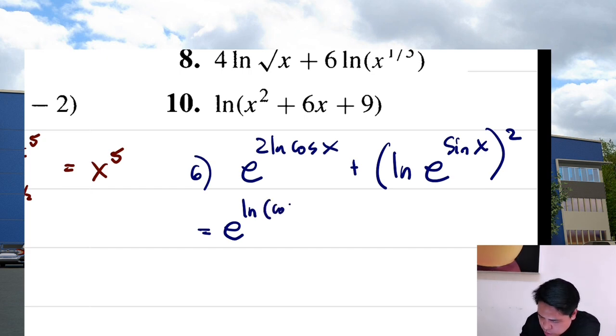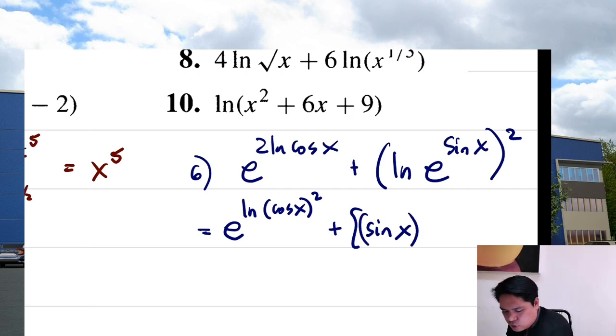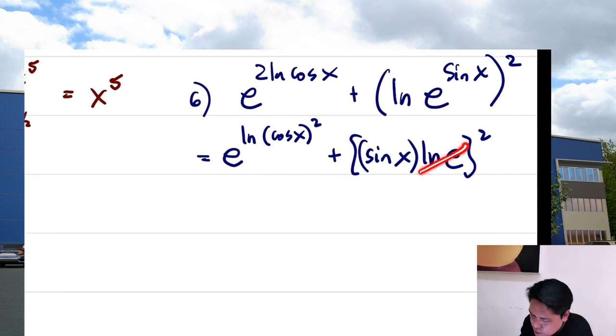So that would be cosine x, then move the exponent there, squared. Plus, this one has an exponent, so we can move it as a coefficient. So that would be sine x, let's organize. We'll use brackets first. That would be sine x, in parentheses so we don't get confused, ln e squared. Okay. Remember that ln e is 1, so this gets eliminated.